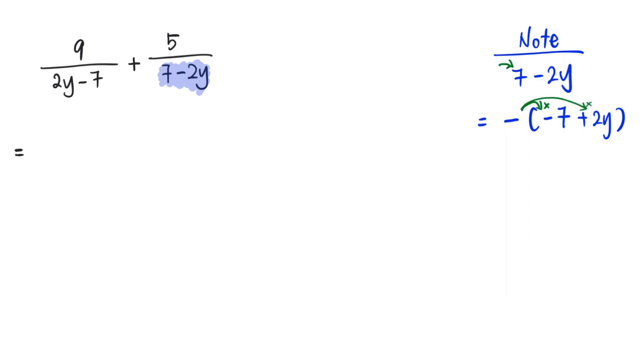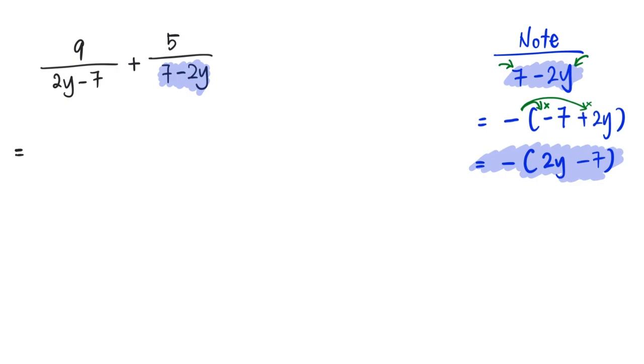Negative times positive will give me back my negative. And this will give me, I just need to rewrite the expression in the bracket, positive 2y, negative 7. And so, we can then see that 7 minus 2y can be rewritten as negative 2y minus 7.